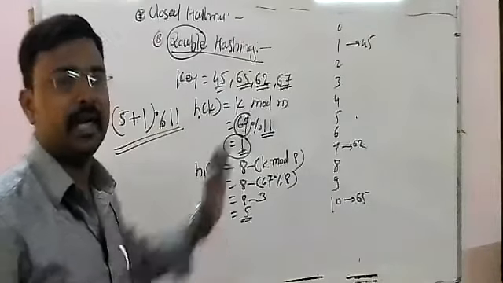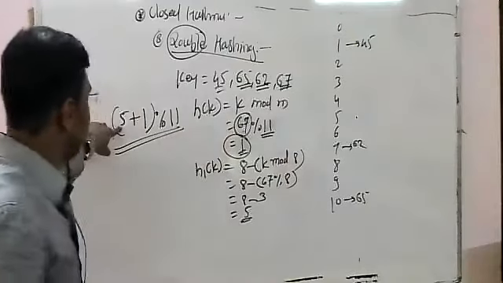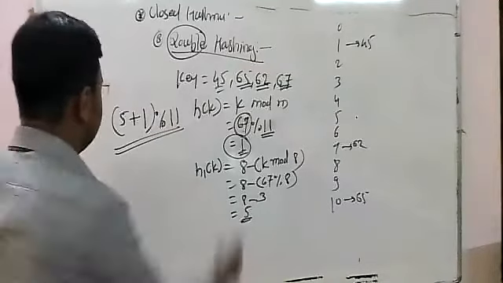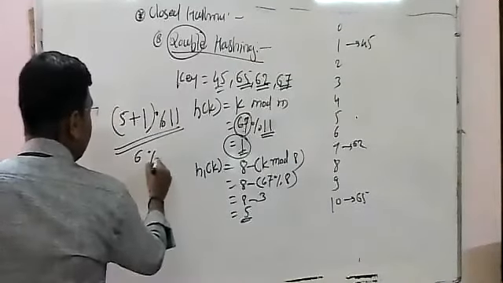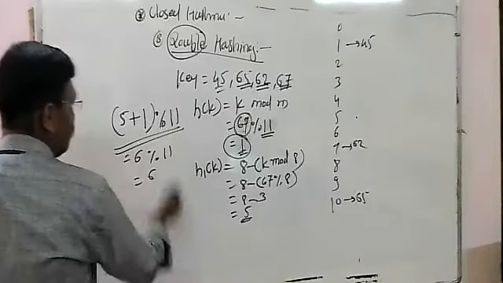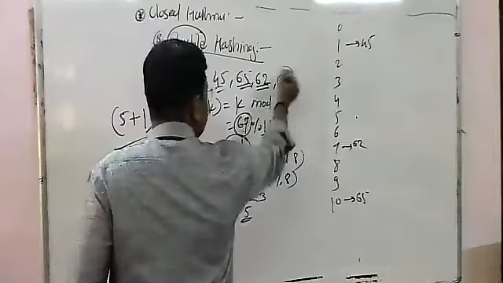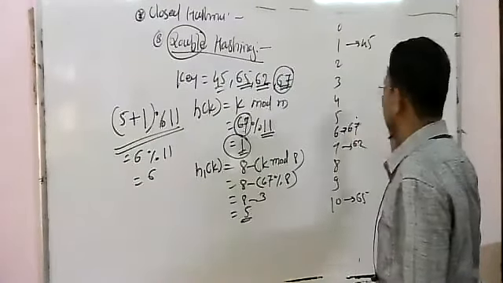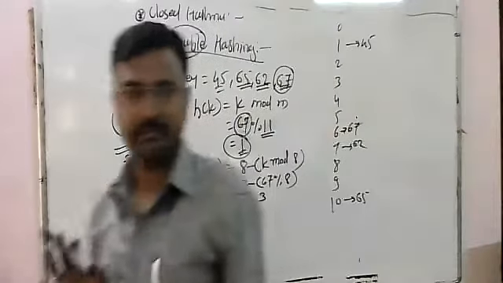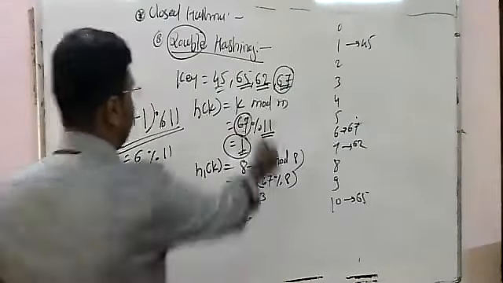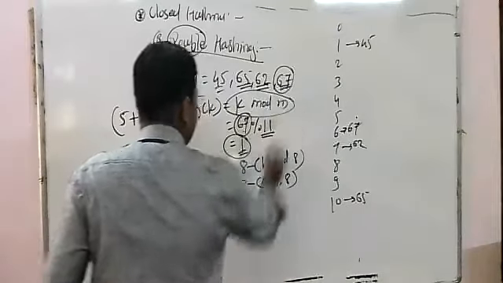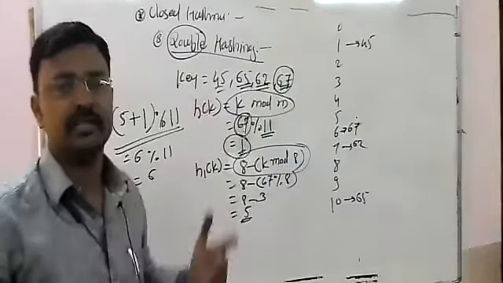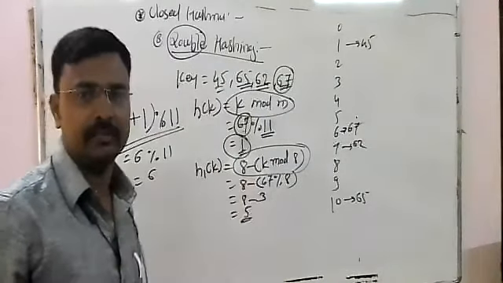So we calculate the index with hash value 1 plus hash value 2, and then 6 mod 11 is equal to 6. So your element 67 will be stored at index 6. This one is the first hash function, and this one is your other hash function. Here we are using two hash functions, so it is called double hashing.